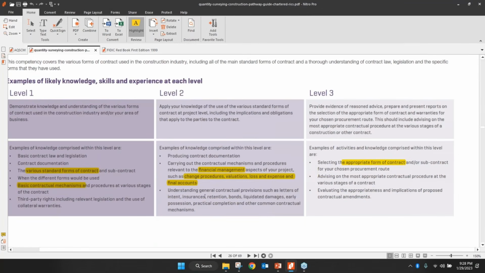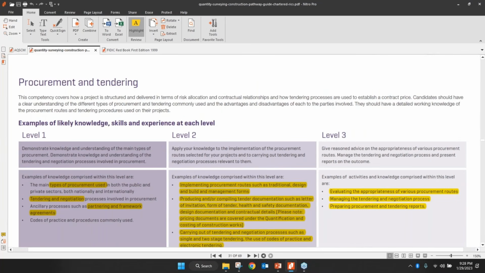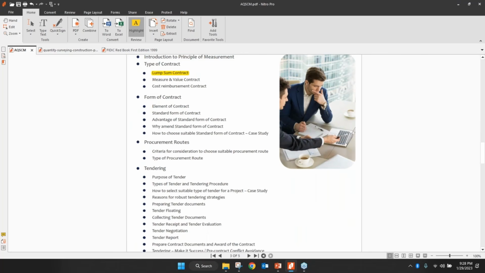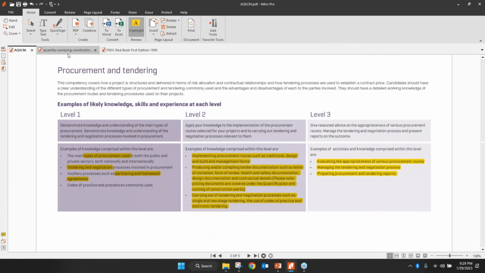And in procurement and tendering, without understanding the type of contract, form of contract, procurement route, tendering, you are no longer going to understand this competency. Never, it's not possible.